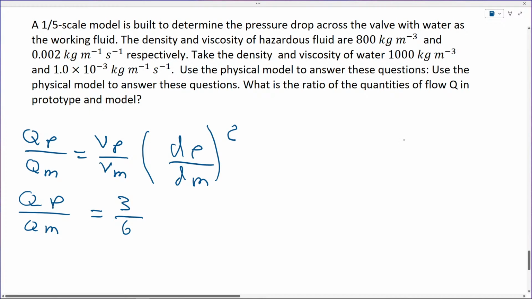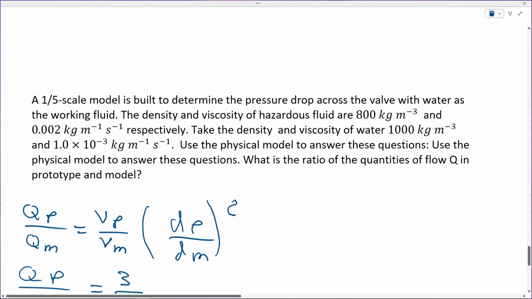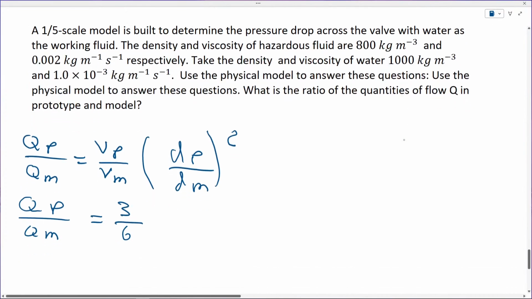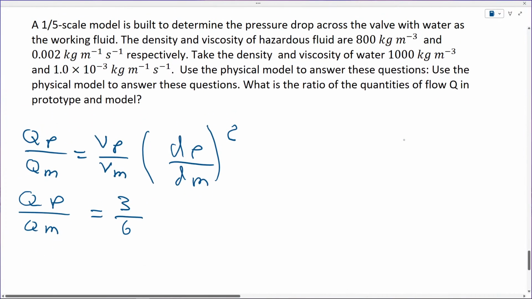And then dp over dm: we already have dm over dp, which is 1 over 5, so dp over dm would be 5 over 1, and that's squared.